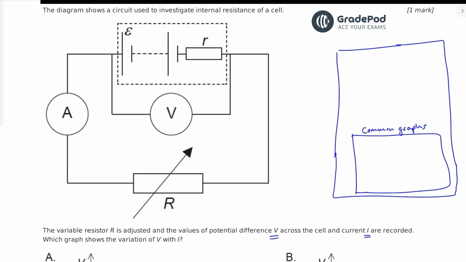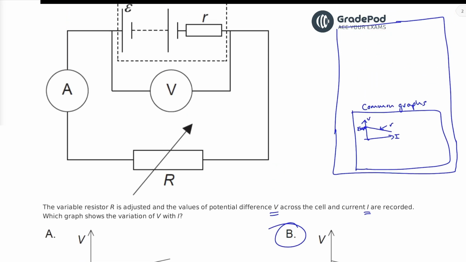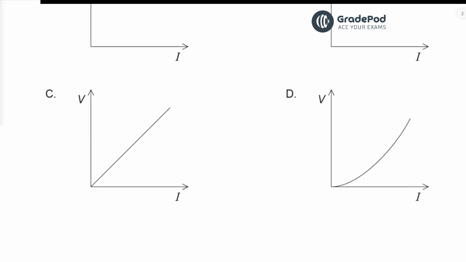That is there for you to learn the common graphs. And one of the common graphs is the internal resistance graph. The gradient allows us to find the internal resistance, and the intercept allows us to find the EMF. So we are looking for that graph there, and the answer is B. So if you've done your revision notes, as we've talked about, you've looked through your common graphs, that question is very simple.